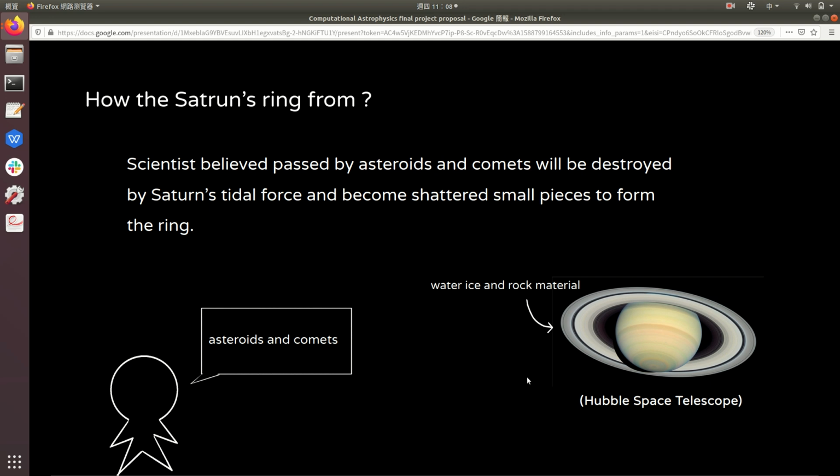One of the well-accepted scenarios says that Saturn's rings probably formed when objects like comets or asteroids pass through the orbit around Saturn. Due to Saturn's strong gravity, they will be destroyed by the tidal force and separated into smaller pieces. And these smaller pieces will gradually spread around Saturn to form its ring.